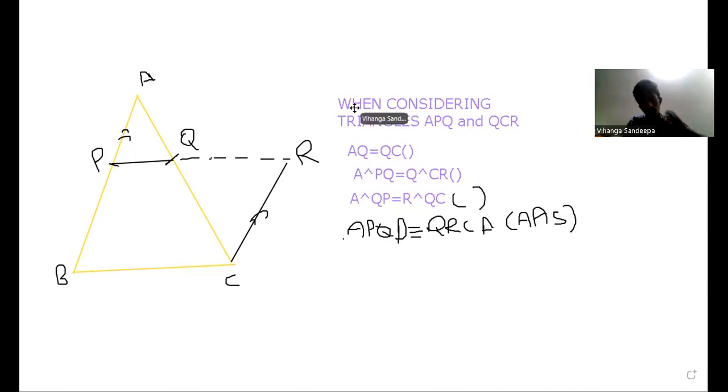So students, now I proved that triangle APQ is congruent to triangle QRC by the case AAS. Then we have to get the corresponding elements.